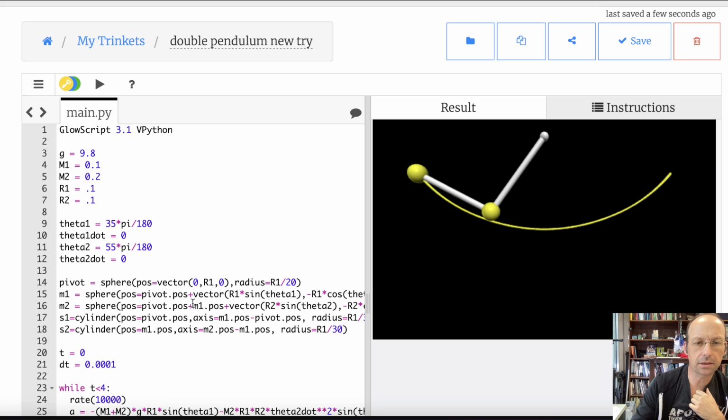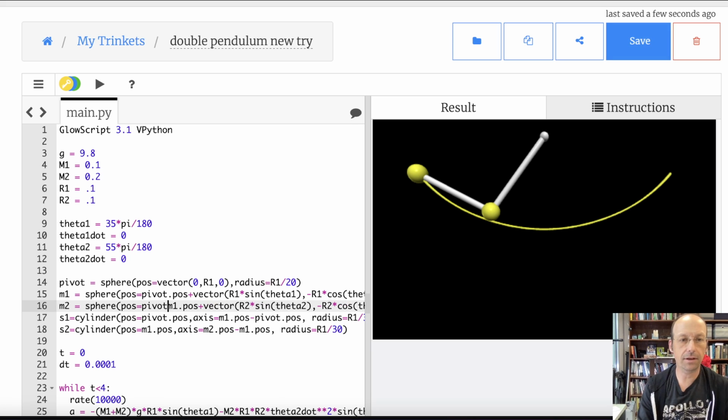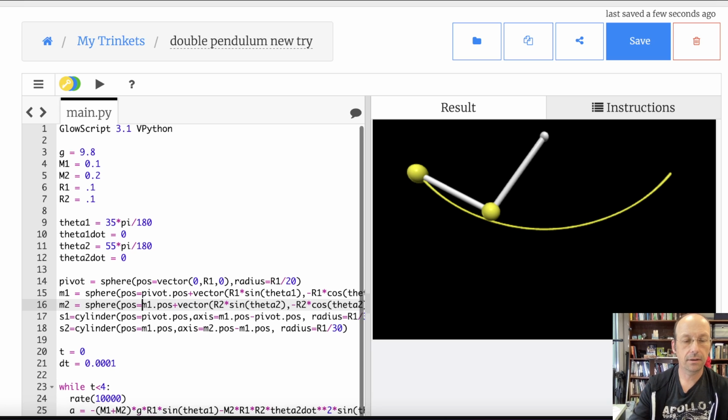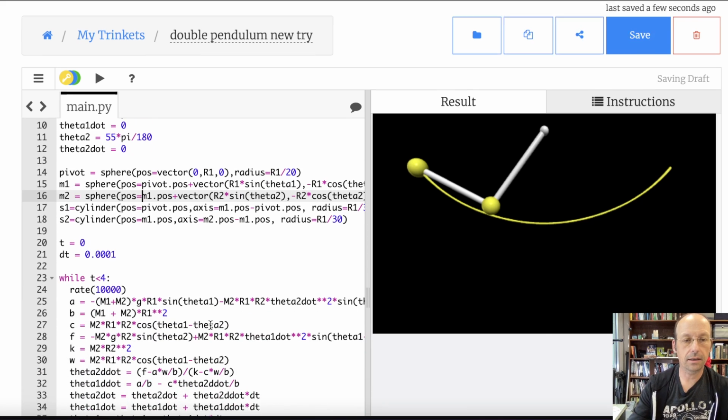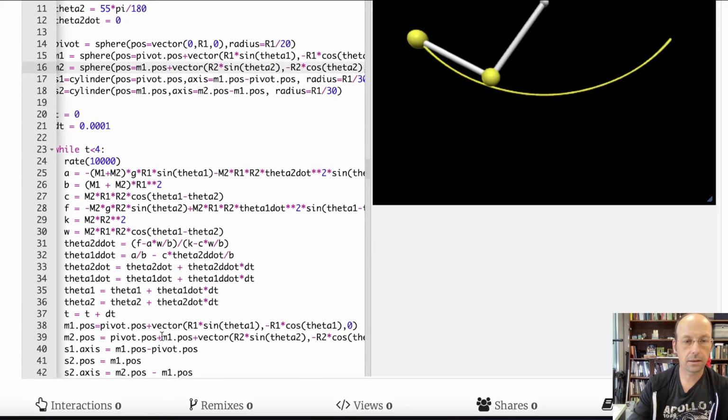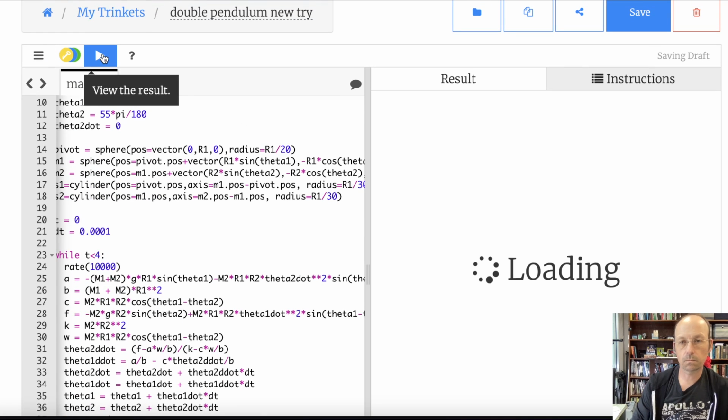Mass 1 should be just, I don't think I add, yeah, I did this, I was thinking about this. Take out this pivot, and then down here, do that again. I'll just need to add it from mass 1. I don't need to add pivot in there twice. Oh, something got mad.